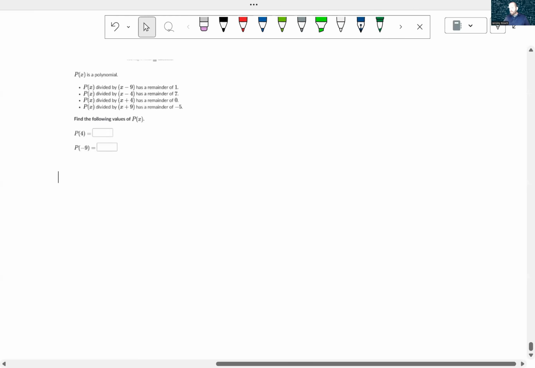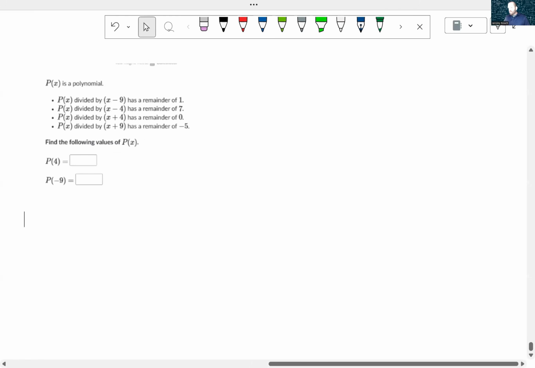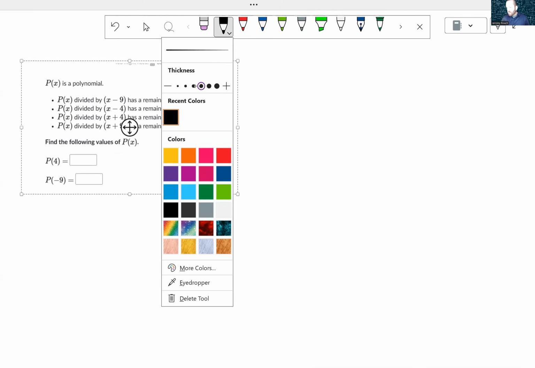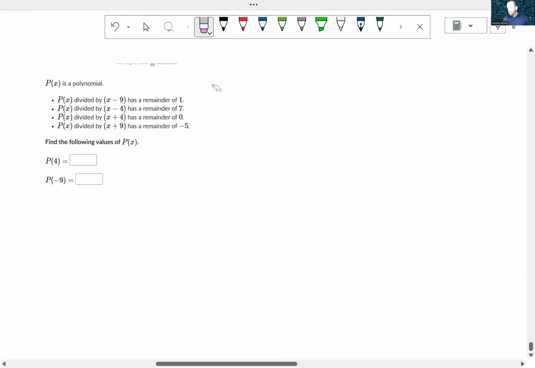This next one gives us a list of information, and we have to decide from that list what the correct answer is. So it says p of x is a polynomial, and it gives us all this information here, and we have to choose the right form of the information. So it says p of 4 equals what?